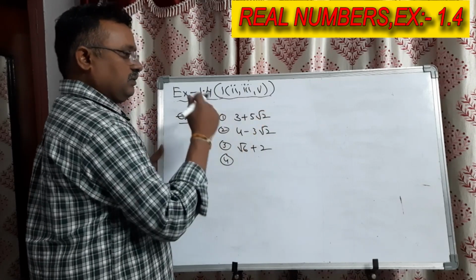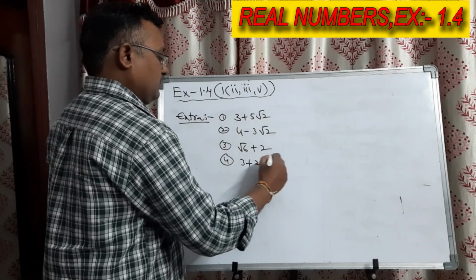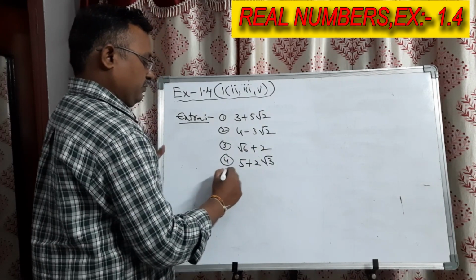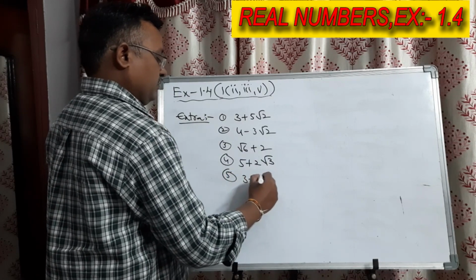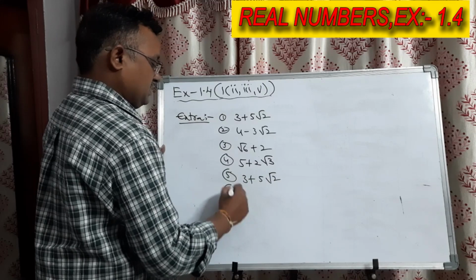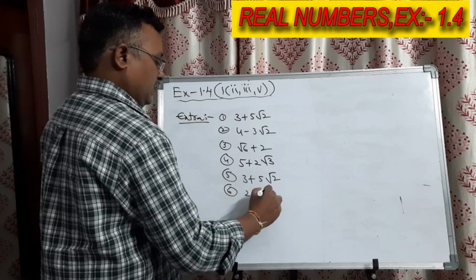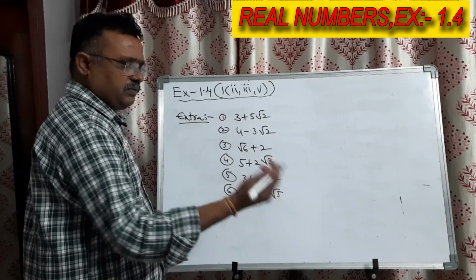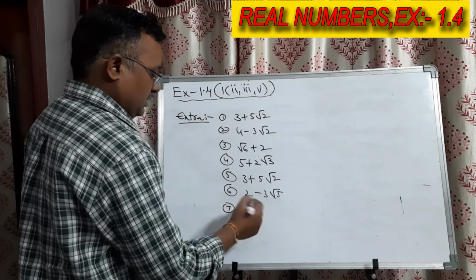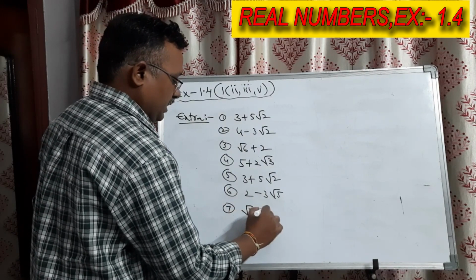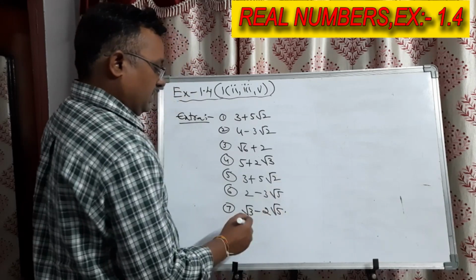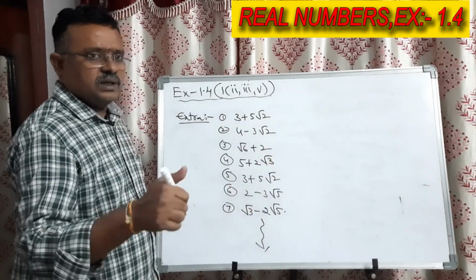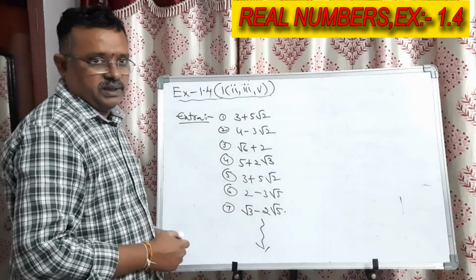And in the fifth model, you can take 3 plus 2 into root 5 plus 2 into root 3. Fifth one, 3 plus 5 into root 2. Sixth one, 2 minus 3 root 5, with negative values also. Like that you can take enough questions. Seventh one, generally root 3 minus 2 into root 5, like that. You can take many more. Solve them in the same process. You will get much better application skills.